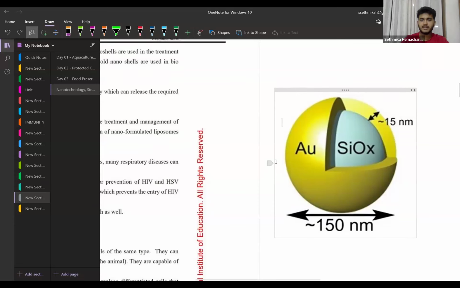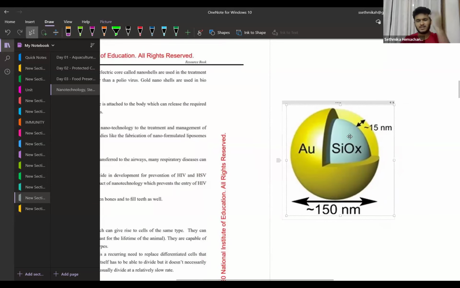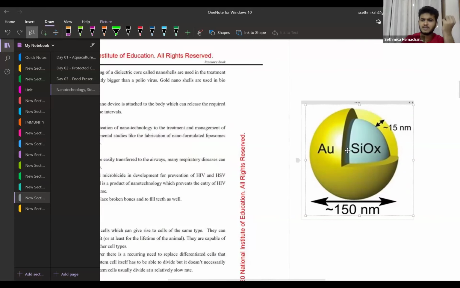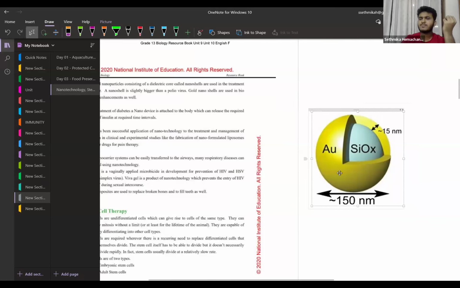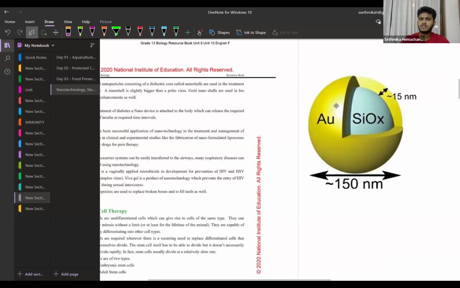So you can see the nanoshell, right? Basically, an insulator particle like silicon dioxide can be covered with gold to form a small nanoshell. This entire structure is called the nanoshell.